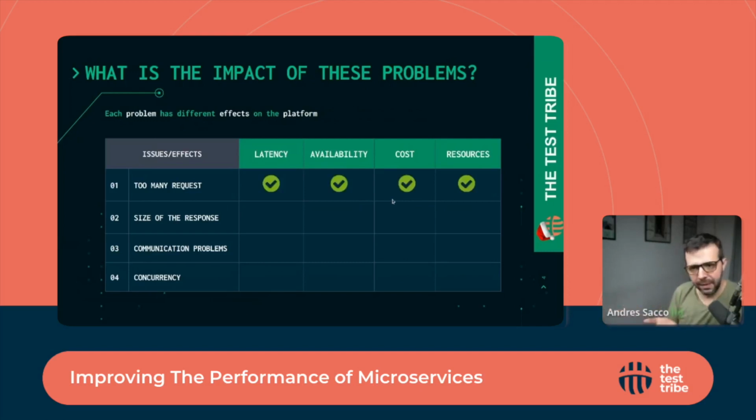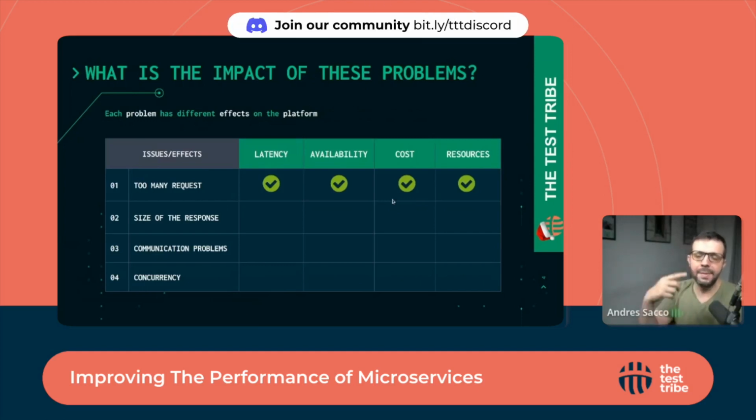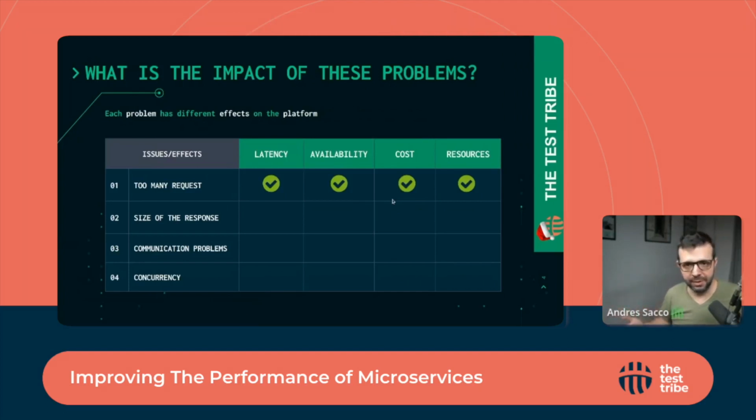This affects everything because it increases the latency: you do a lot of requests at the same time, and perhaps the other microservices which contain the information don't have enough instances to accept all the requests at the same time. So at some point, it affects the entire time to respond in one of my microservices.